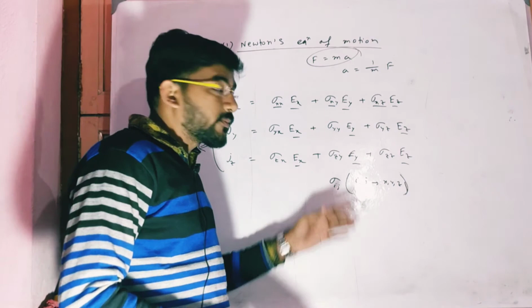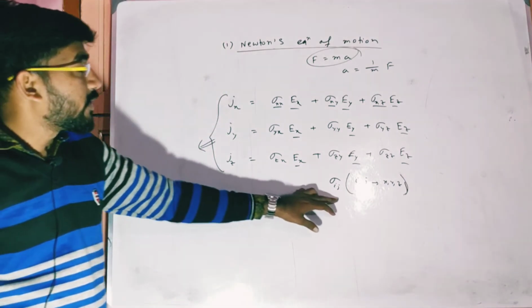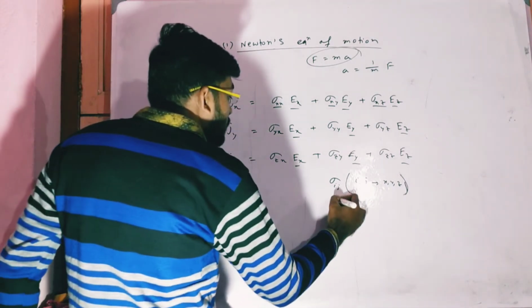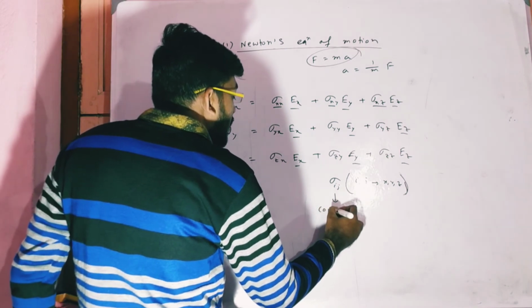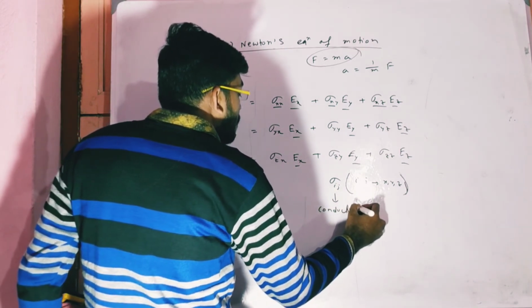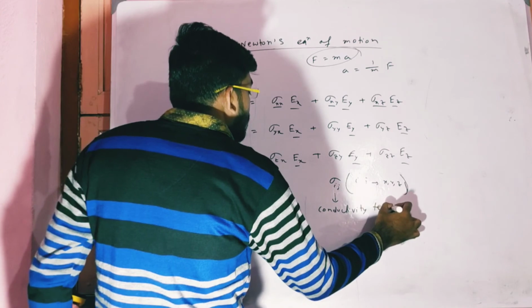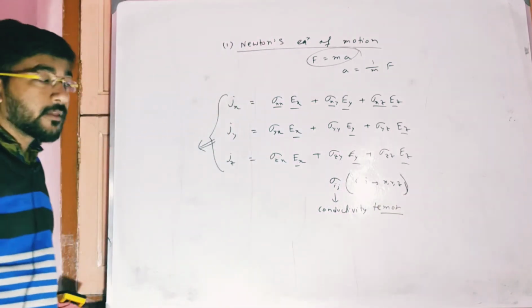But now it is sufficient to say that this is sigma ij and this is called the conductivity tensor.